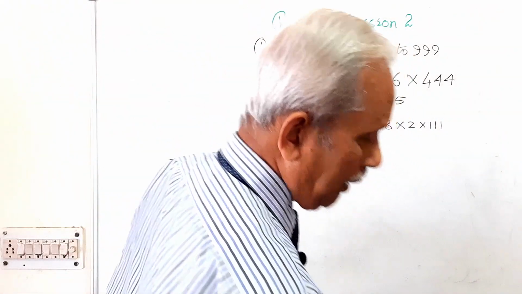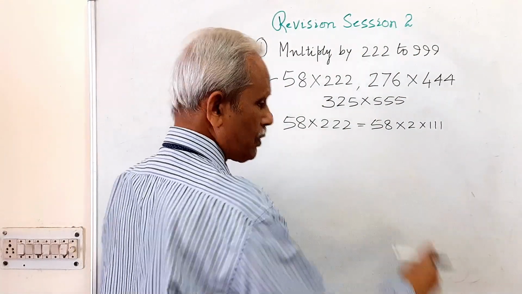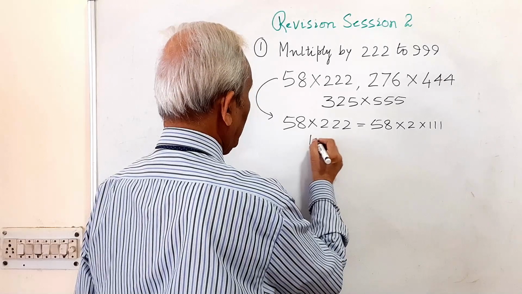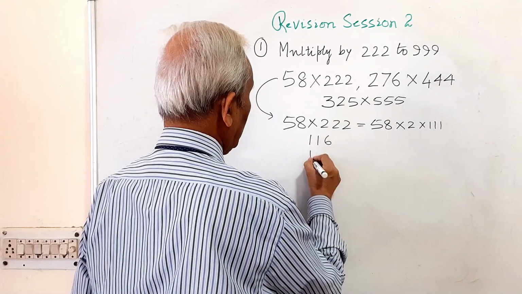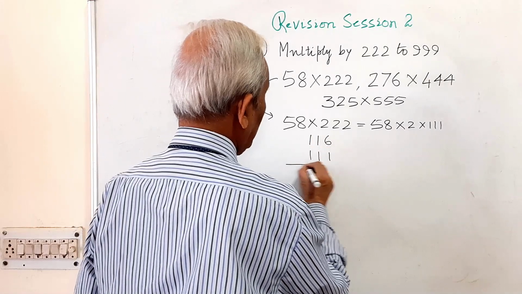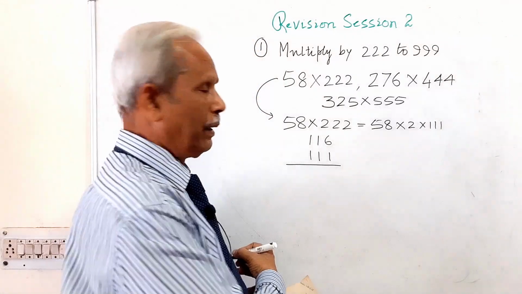I'll write it like this: 116 into 111. I hope you remember how we multiplied any number with 111.